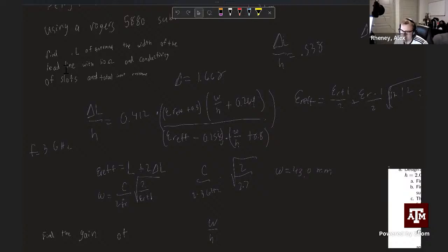And then if it's less than 2 or greater than or equal to 2, then W over H is equal to something. I don't remember how to gauge. I mean, we could assume that it's greater than 1, like a high impedance region.